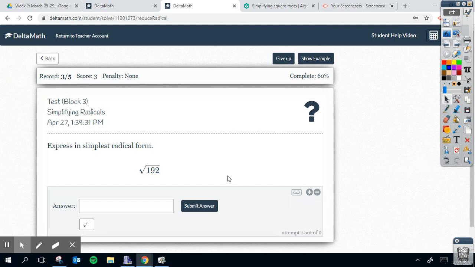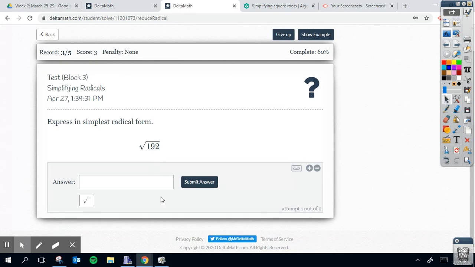The second one right here is the same thing, but it's not guided. So instead of having those steps that you walk through, you're kind of just given the question and you need to solve all the steps by yourself. 192, I know it's even, so I'm just going to go and divide it by 2. So I begin with the square root of 192, and I'm going to change this to 2 times something. 2 times what is 192?